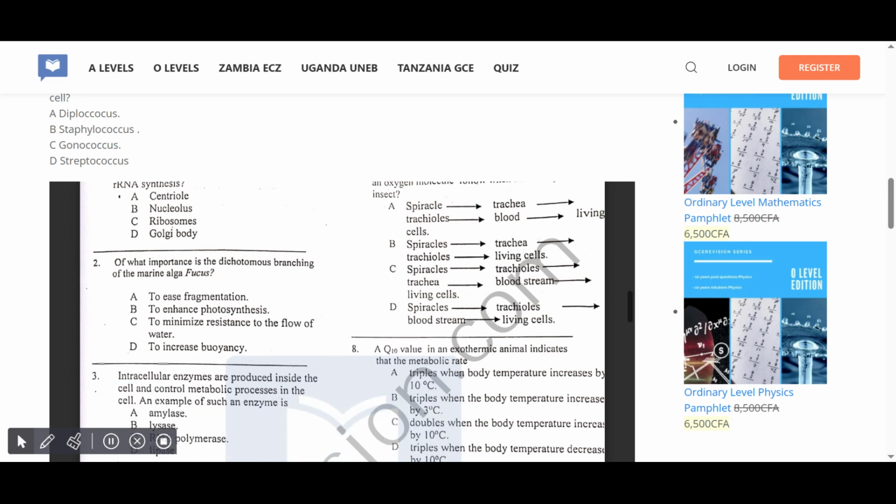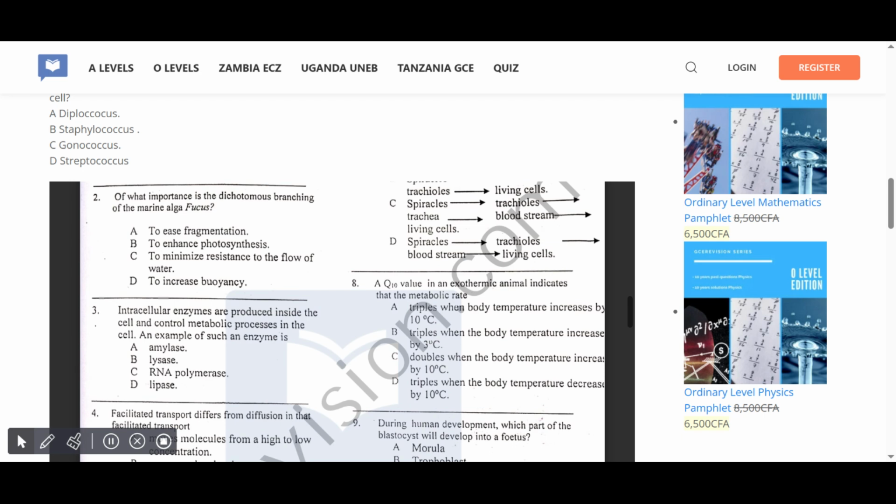Question 8. A Q10 value in an exothermic animal indicates that the metabolic rate, the answer is B, triples when the body temperature increases by 3 degrees Celsius.